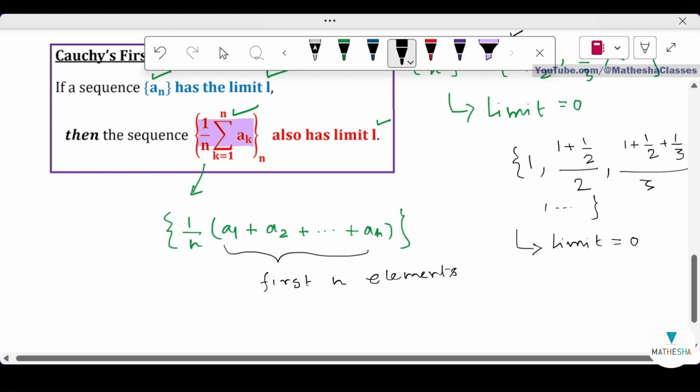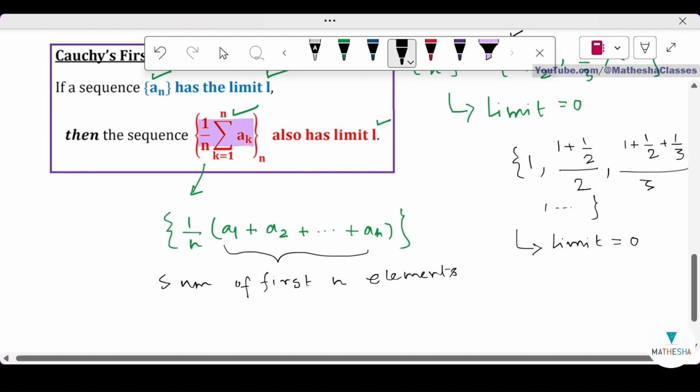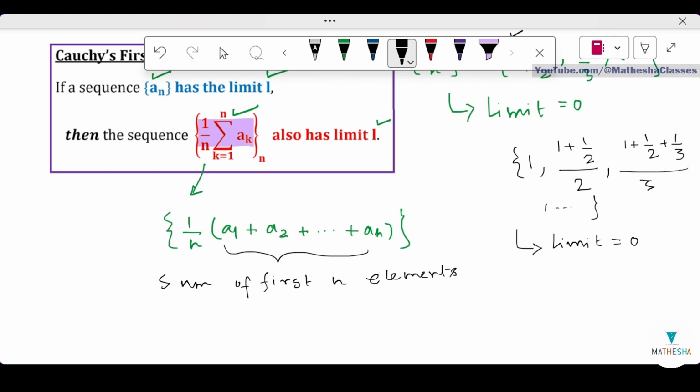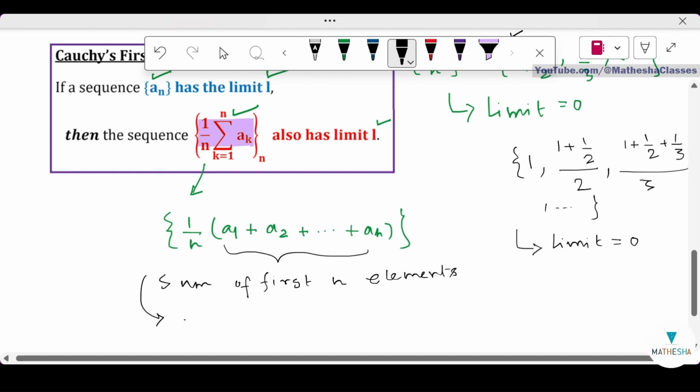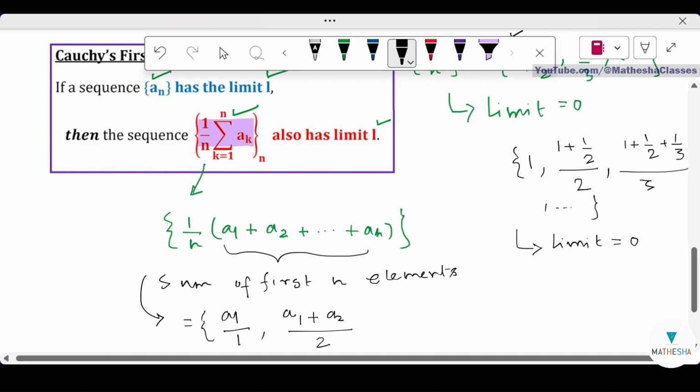So this is the sum of the first n elements. So definitely when you are taking n to be 1, this is becoming a1 by 1. When you are taking n to be 2, the second term of the sequence is (a1 plus a2) by 2.